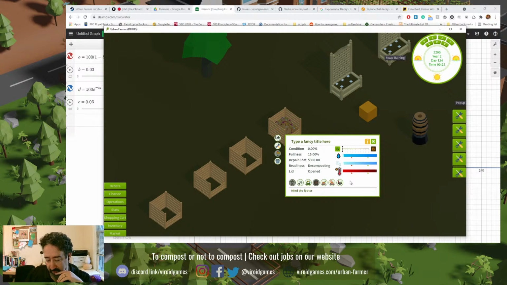Let's think of cases where we can have oxygen added and removed. The addition is when we do the stirring. That's good.